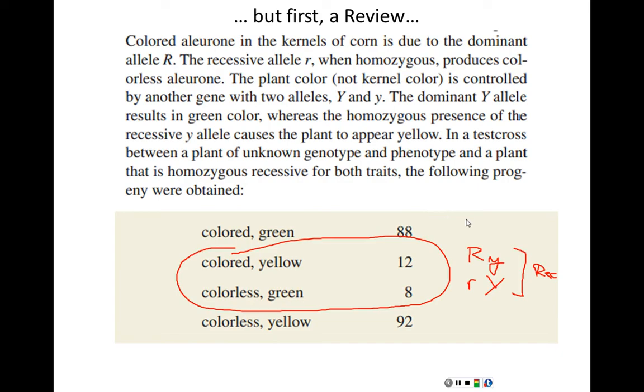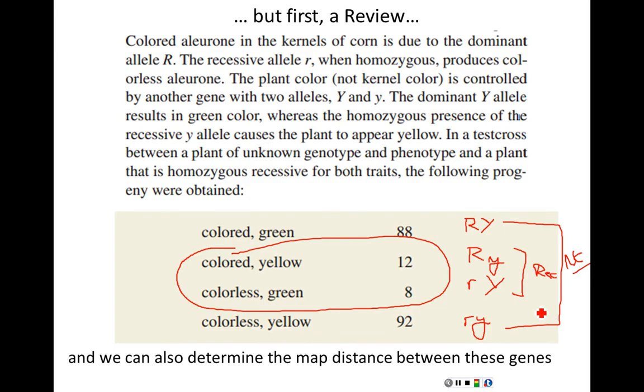So colored and green, and colorless and yellow, are our non-recombinants. I also know that these alleles were in a coupled configuration in that initial parent because we have the dominant with the dominant and the recessive with the recessive under non-recombinant conditions.